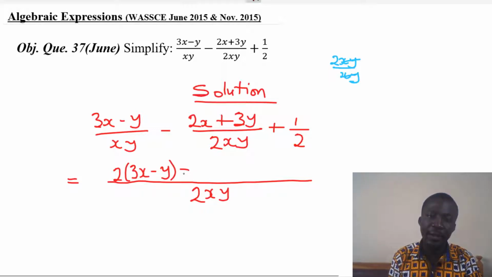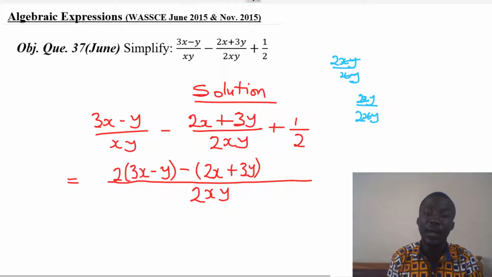Then our minus sign will come. The next one is 2xy divided by 2xy. It's 1. So it's 1 multiplying 2x plus 3y. When you multiply any number by 1, you are going to get the same number back.